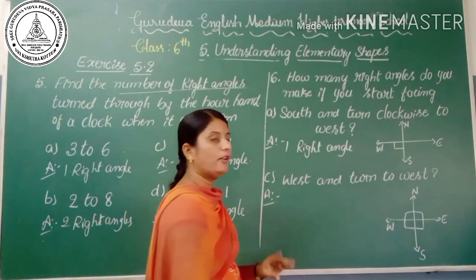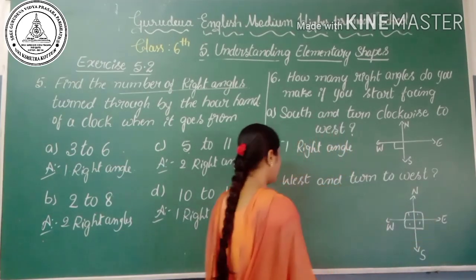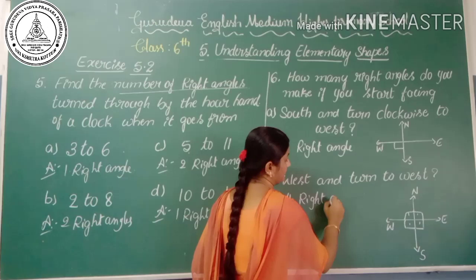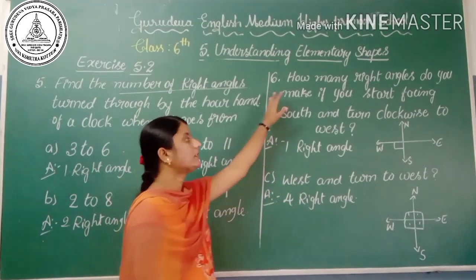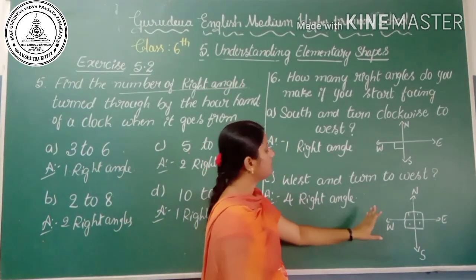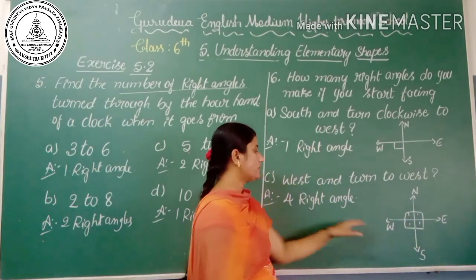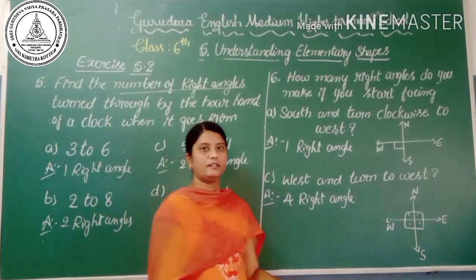We have to make four right angle turns. Here 1, 2, 3, 4. So we make four right angle turns. Is it clear?